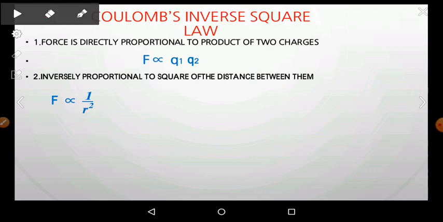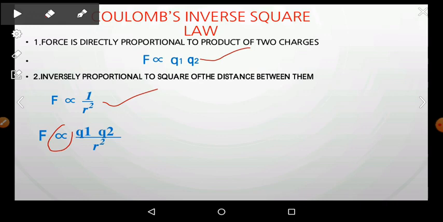Then we take these two equations, equation 1 and equation 2, and combine them. We get force directly proportional to Q1 Q2 by r square. This is the proportionality symbol.